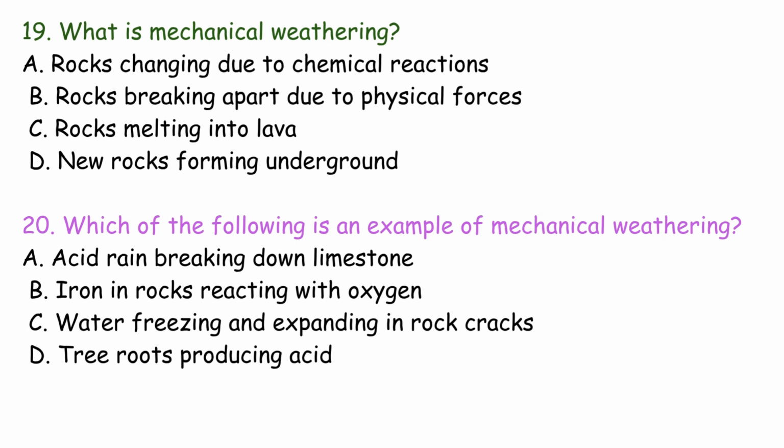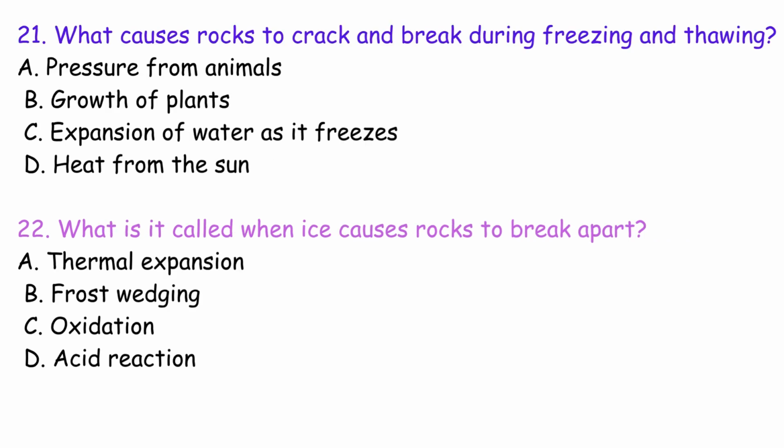20. Which of the following is an example of mechanical weathering? A. Acid rain breaking down limestone. B. Iron in rocks reacting with oxygen. C. Water freezing and expanding in rock cracks. D. Tree roots producing acid. 21. What causes rocks to crack and break during freezing and thawing? A. Pressure from animals.